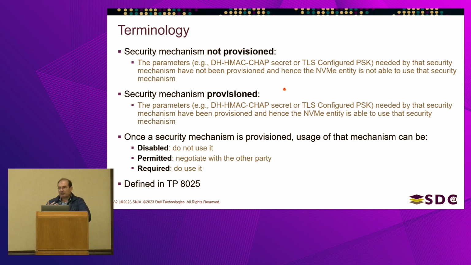And why do we need a permitted case? Well, we need it because security for NVMe over fabrics has only been defined in the last couple of years, but NVMe over fabrics was defined way before. Products are out and implementations are being deployed without any security at the moment. But customers ask for security, so security will have to get there.